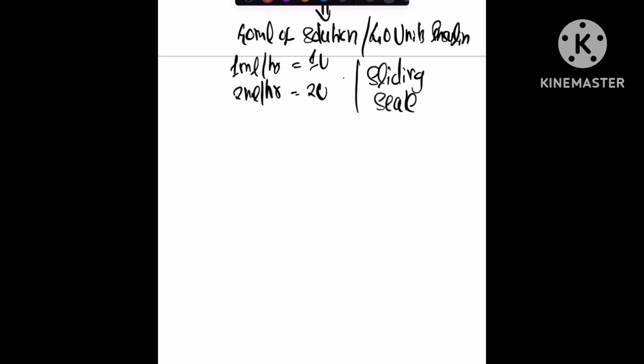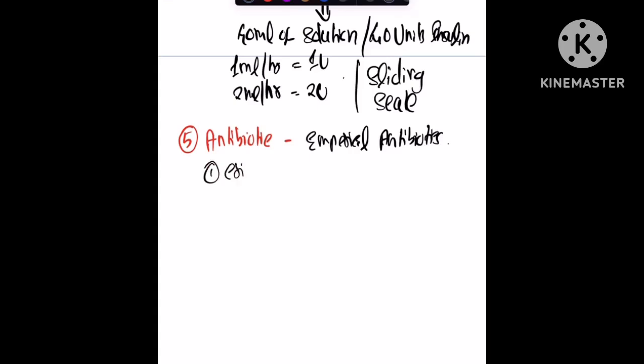The next thing is we also have to use antibiotics, empirical antibiotics. Number one, as I already told you, the patient can have a critical infection which might have triggered this diabetic ketoacidosis, or the patient can have diabetic ketoacidosis and then end up with secondary infections.